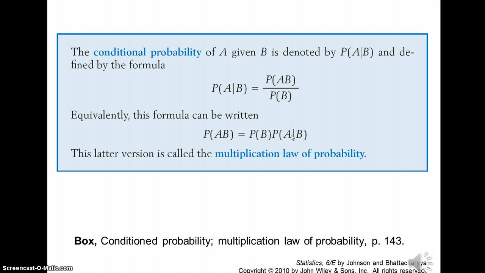So for example, if you look at tossing a coin, say P(A) means the probability of getting a head at the first toss, and P(B) means the probability of getting a head at the second toss. So P(A and B) means you get a head at the first toss, and you also get a head at the second toss.